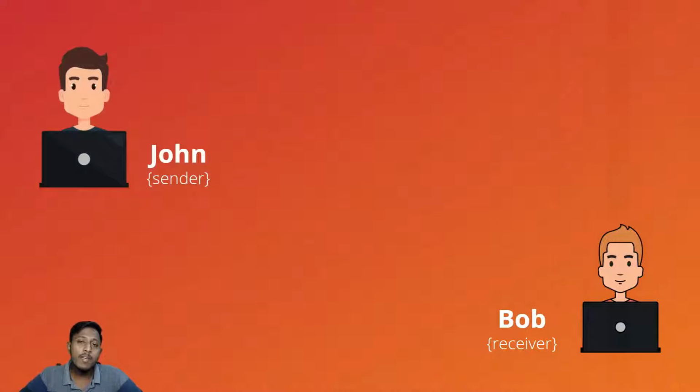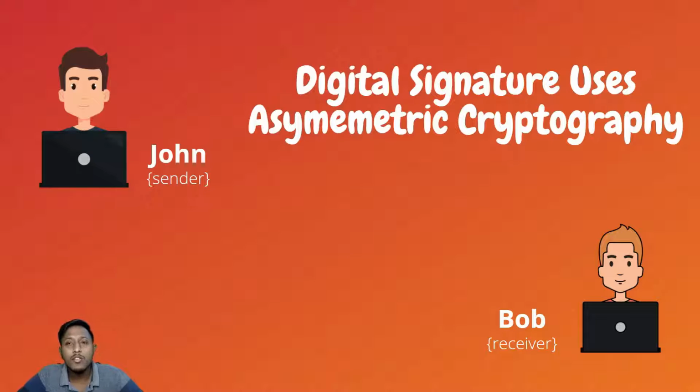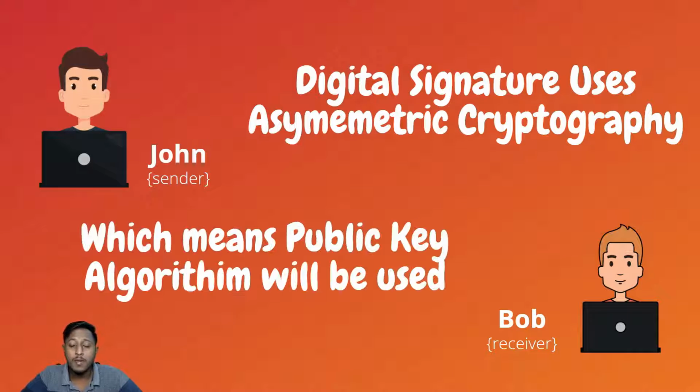Let me give you better clarity on how a digital signature works. John and Bob are two persons who want to send a message. John wants to send the message with a digital signature. As we know, digital signatures use asymmetric cryptography, which means a public key algorithm is used.